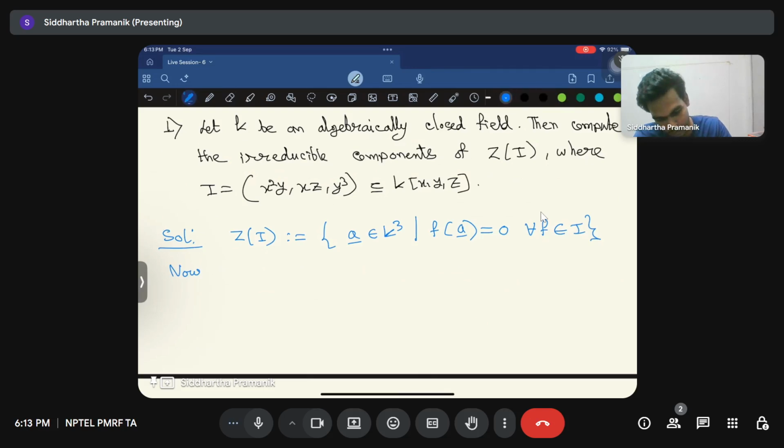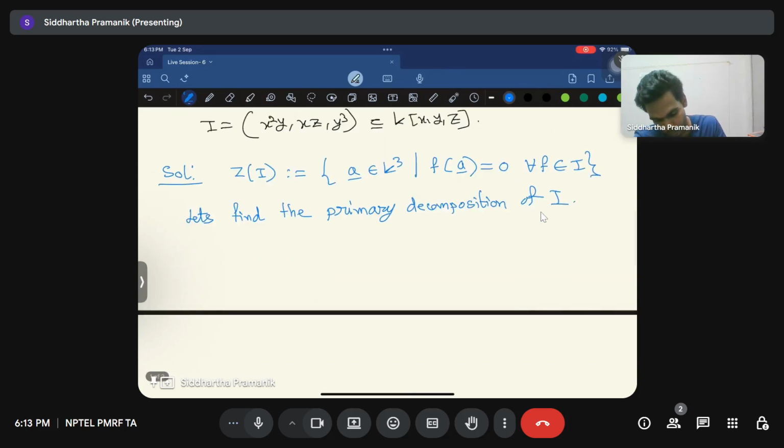Okay, so let's find the primary decomposition of the ideal I. So our I is basically (x squared y, xz, yz).